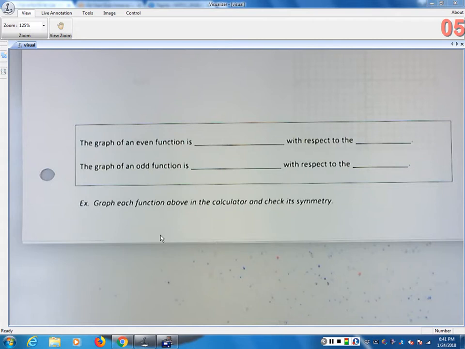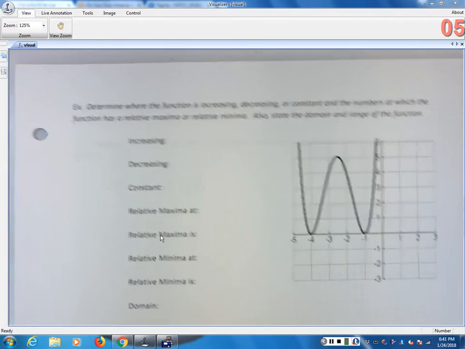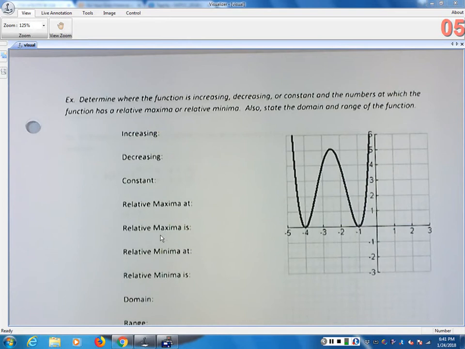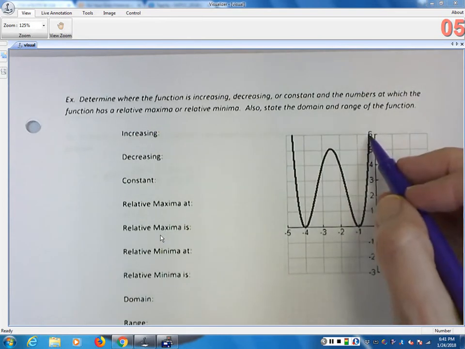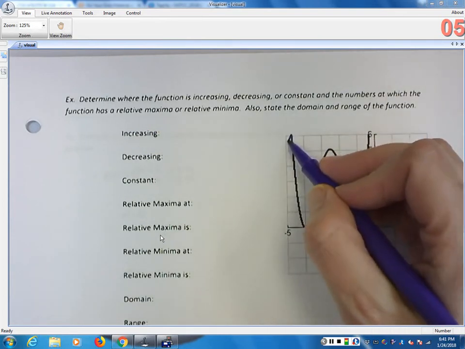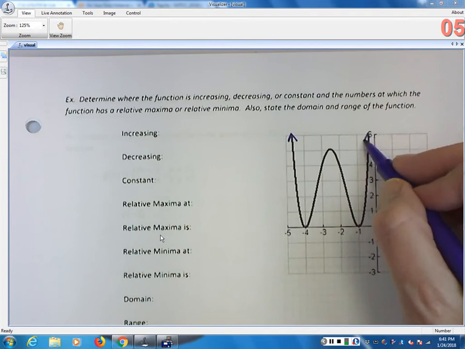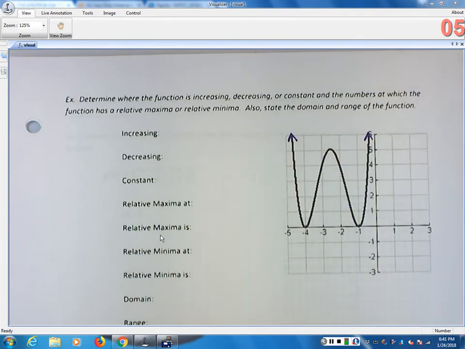So you need to be able to look at a graph, and when the graph stops at the end of the grid without an open circle or a filled-in circle, it's got arrows on it. So just draw those arrows. So this is practice, and you have to do some of this for the sheet.